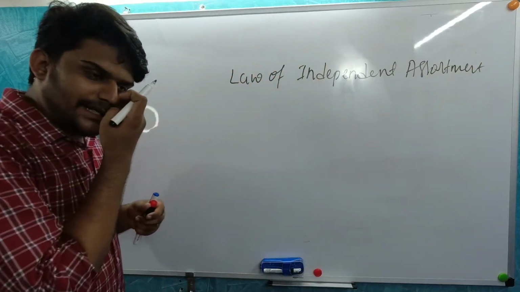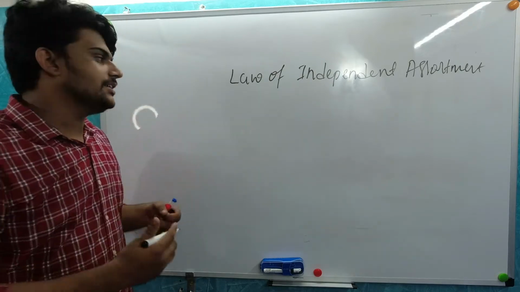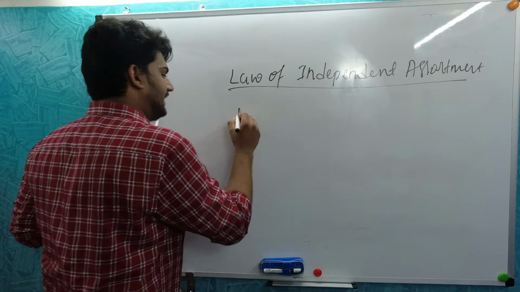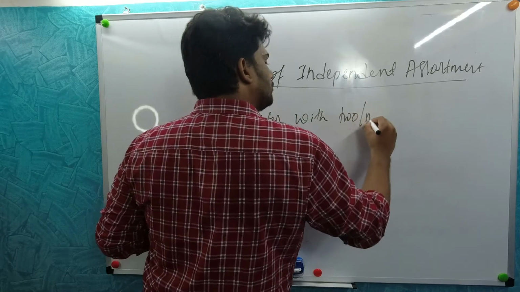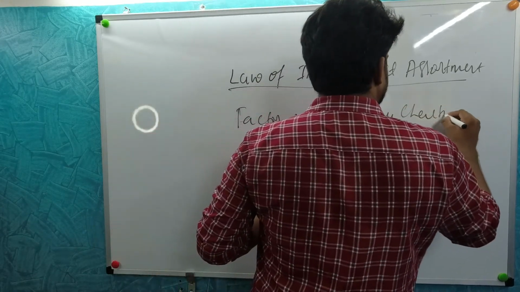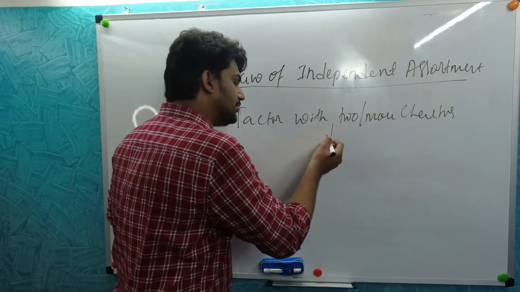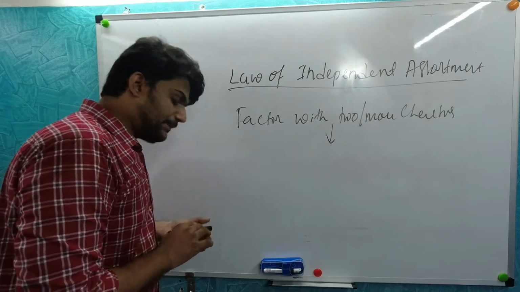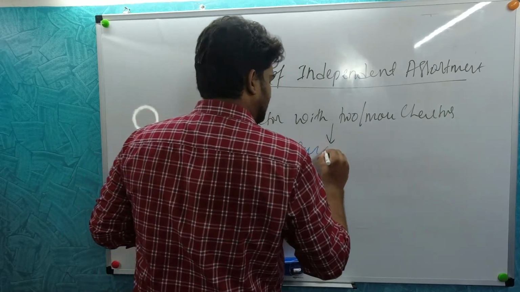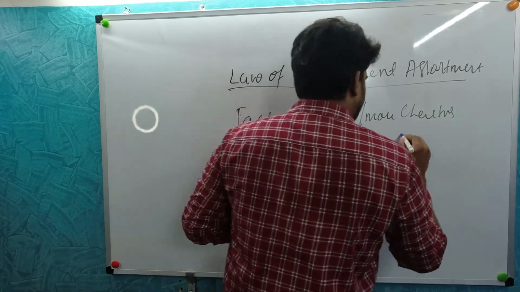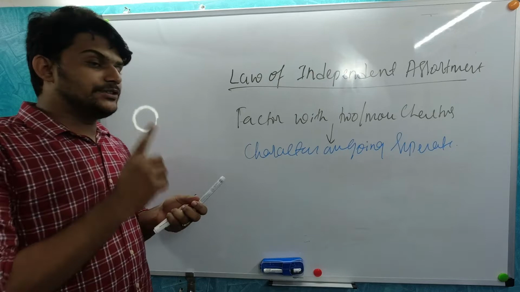Very simple. If a factor is having 2 or more characters, the characters are going to separate.